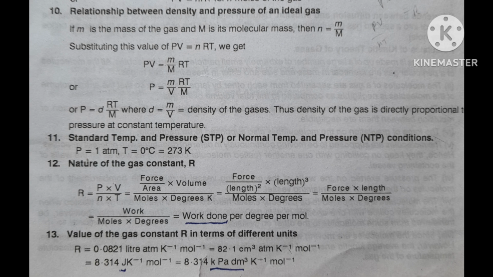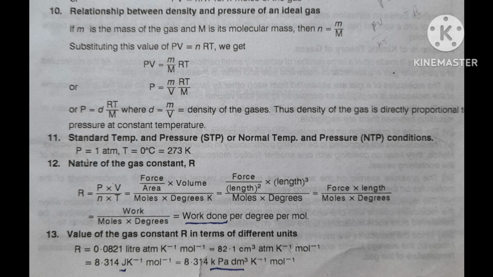These are the conditions of standard temperature and pressure: P is equal to 1 atm, and T is equal to 0 degree centigrade or 273 K. Also called normal temperature and pressure.